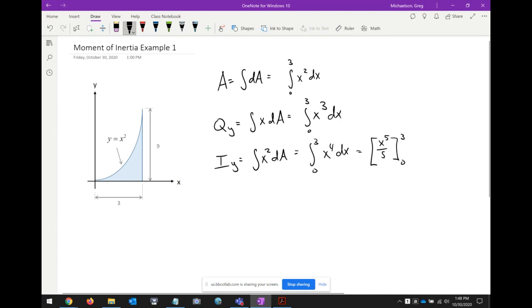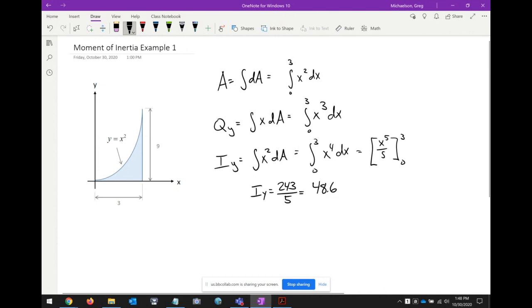Plug in the top number minus plug in the bottom number, and you can evaluate that out. Ultimately, what you get is 243 over 5, which ends up being about 48.6.